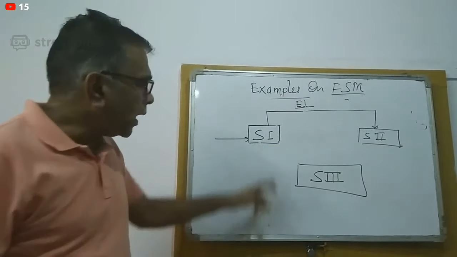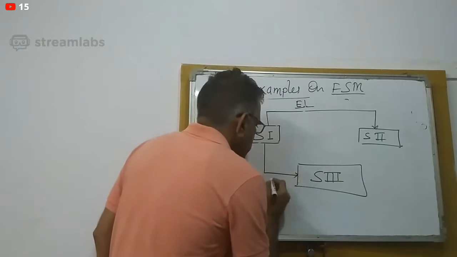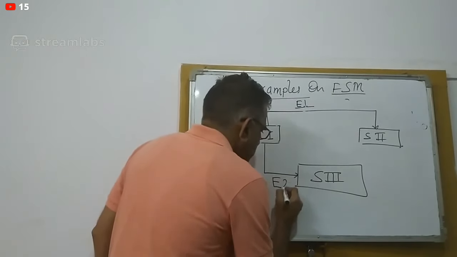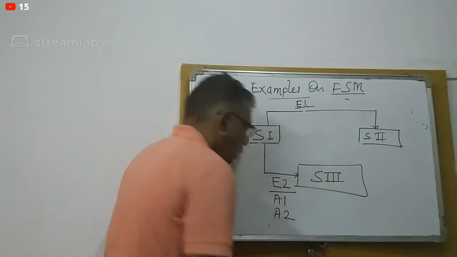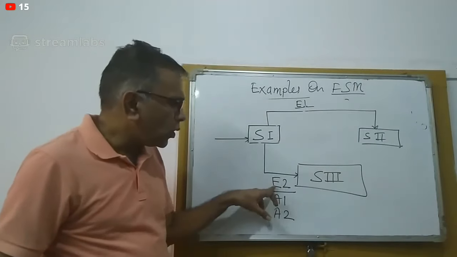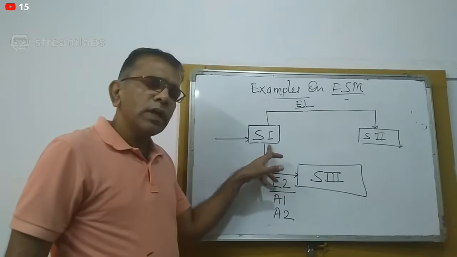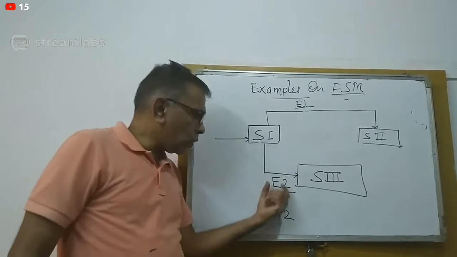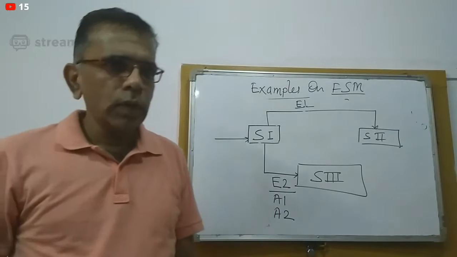And when event 2 occurs, it moves to state 3, performing action 1 and action 2. I am representing these actions as A1 and A2. Is it clear?